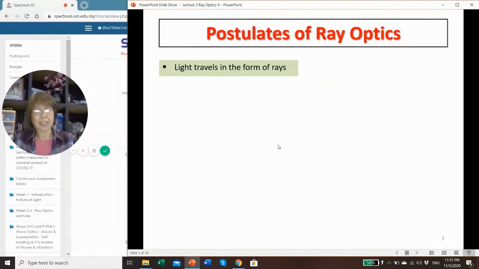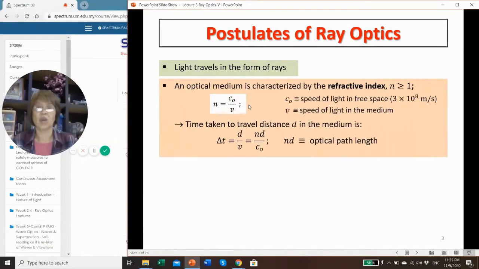Now here, light travels in the form of rays, which we are aware of. In an optical medium, we normally characterize it by its refractive index, which is related to the speed of light traveling in the medium, and is actually the ratio of the speed of light in free space to the speed of light in the medium.